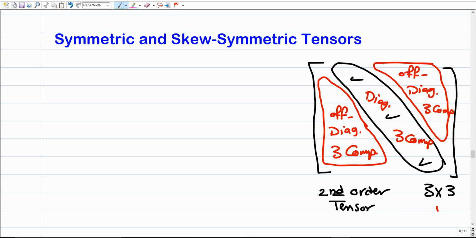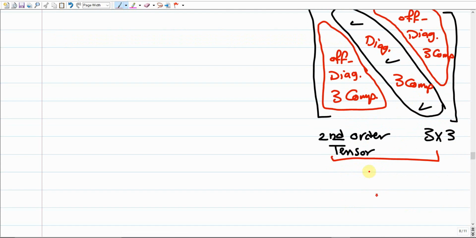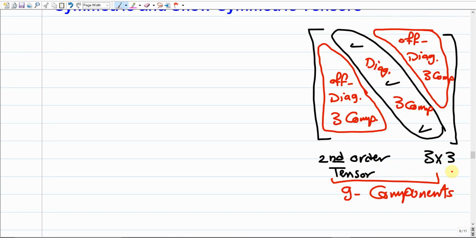So in total, we have 9 components for a second order tensor, and this is basically what we discussed before.